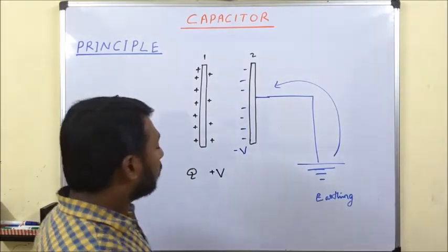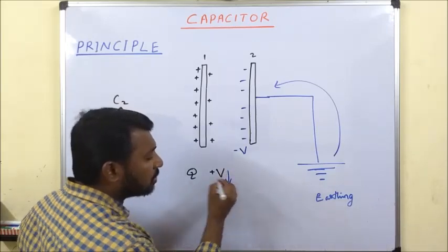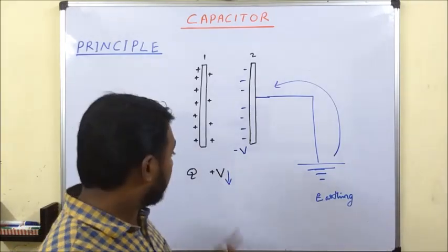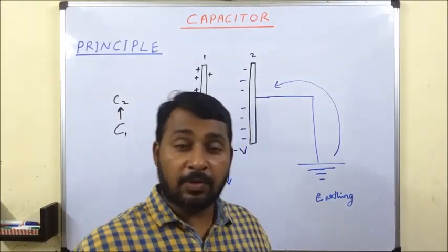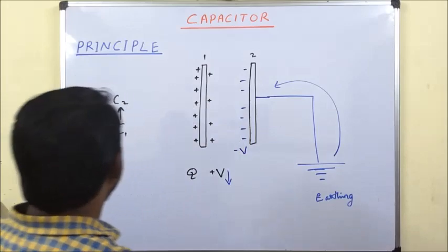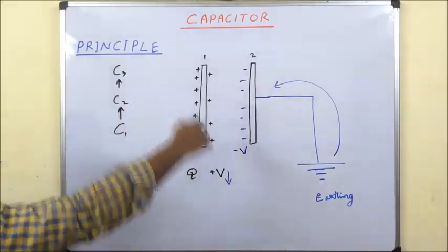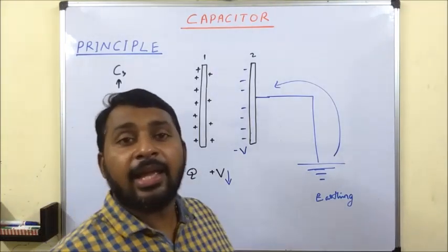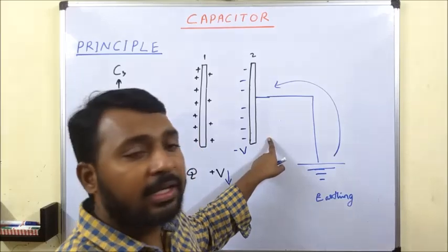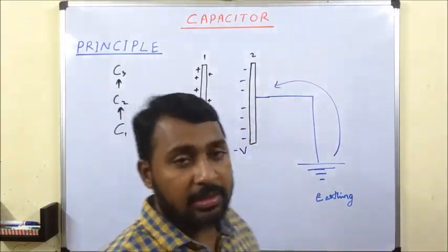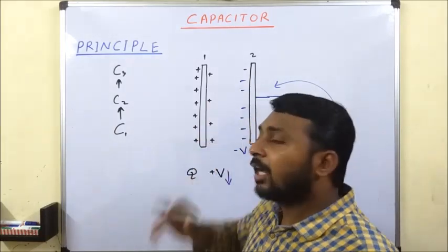Clear? So what will happen? This potential will be slightly reduced again. That means you can add further more charges, so its capacitance has further increased to another value. This is how the presence of a conductor affects the capacitance of a conductor.